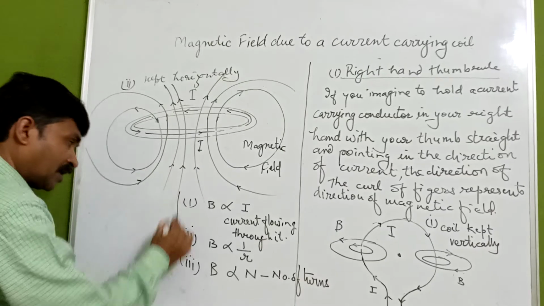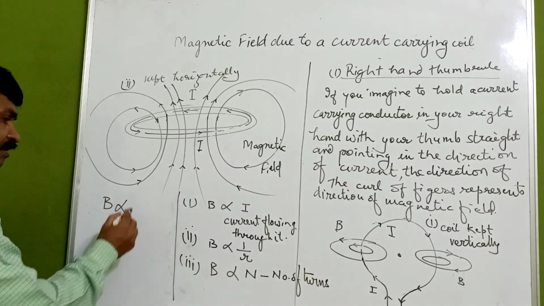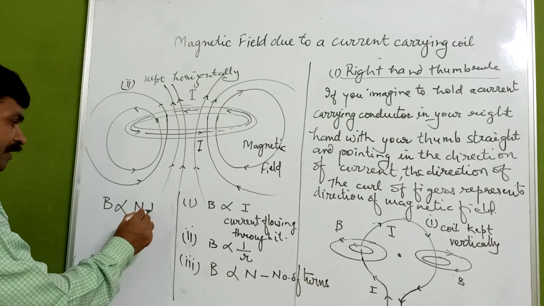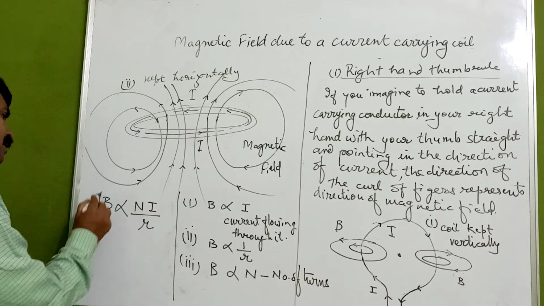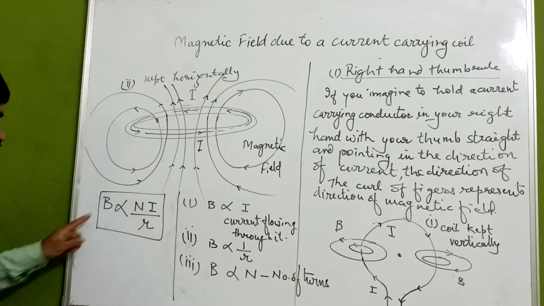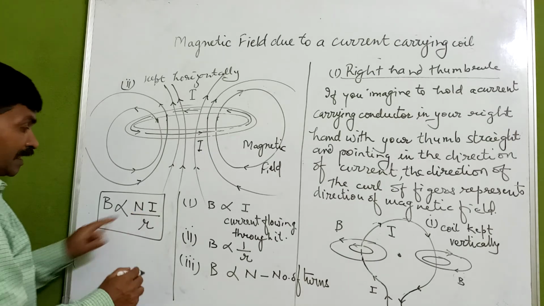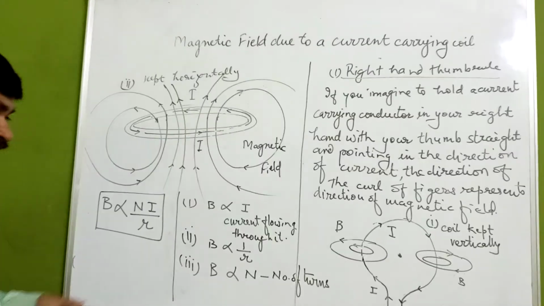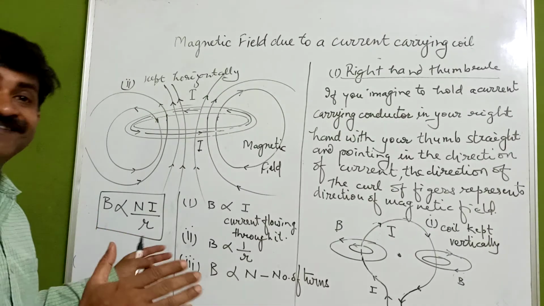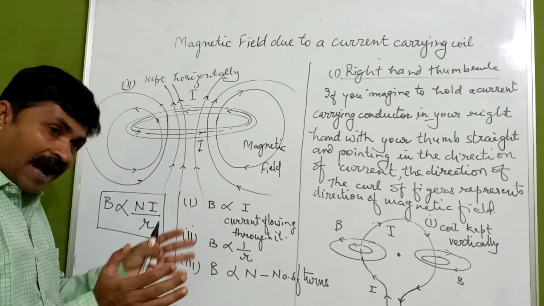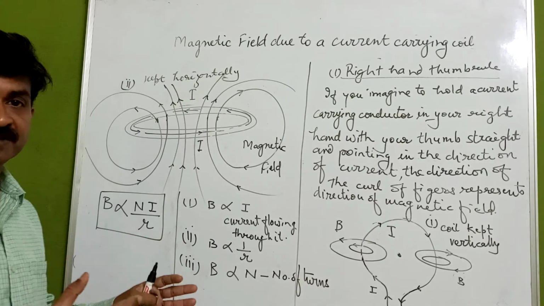So if we conclude, B is directly proportional to N into I upon R. The magnetic field is directly proportional to the number of turns and to the current I. If the current increases, the magnetic field increases. If R decreases, the magnetic field is going to be maximum.